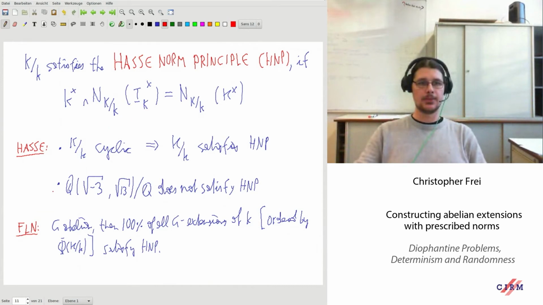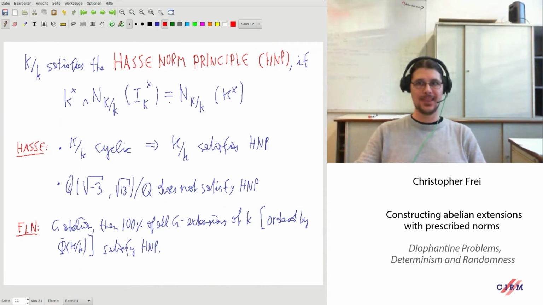So here are two classical results due to Hasse about the Hasse norm principle. The first is that it holds for cyclic extensions. So whenever capital K over little k is a normal extension whose Galois group is cyclic, then it satisfies the Hasse norm principle. So we always have equality here.